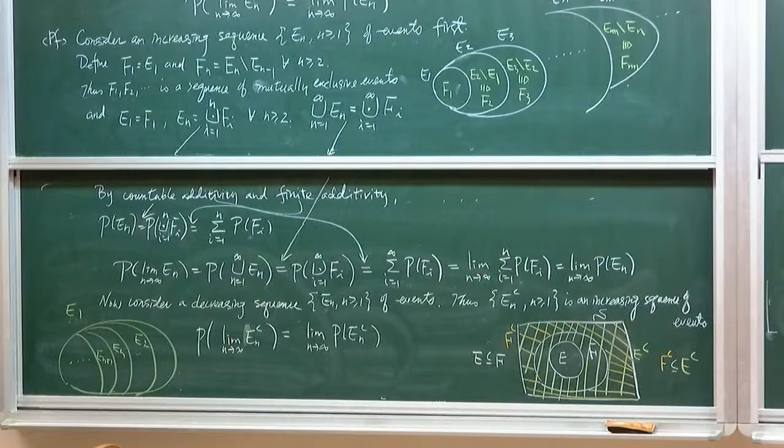Alright, so the probability of the limit is equal to the limit. Okay, and again we have the result.